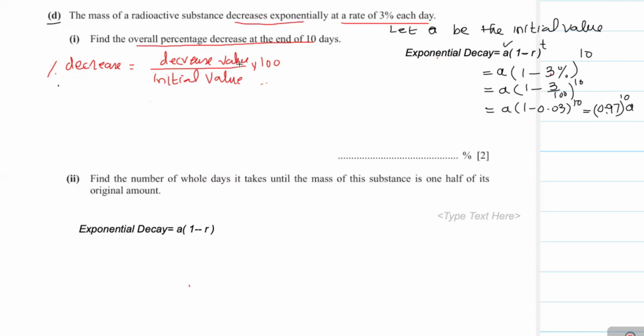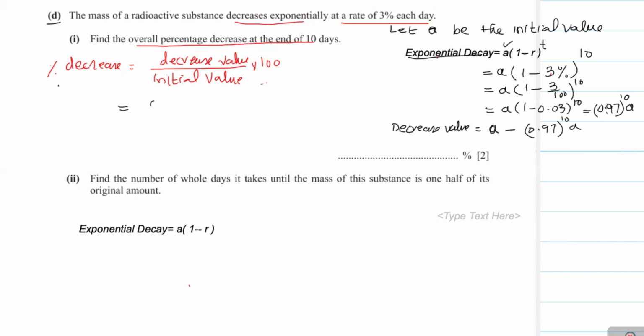Firstly, we have to find the decrease value. Now the decrease value will be equal to initial value minus a times 0.97 power 10. This is the exponential decay in 10 days. When we subtract this value from the original value, we get the decrease value.